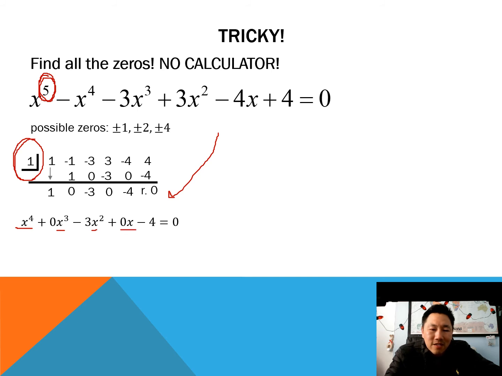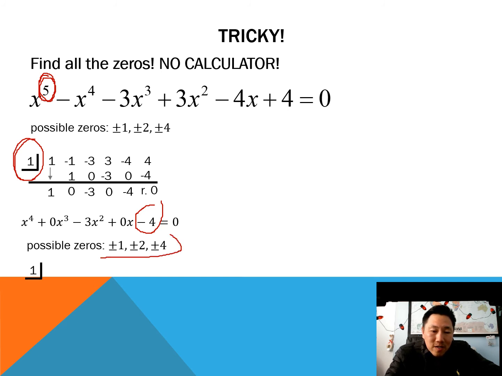And then since it doesn't quite work with a quadratic formula yet, because it's not a quadratic, we get to do the problem again. List all the possible answers, all the factors that go into 4, and then test it out again. And it looks like if one already worked, it could possibly work again. And so I'm going to try 1 again, because this list of new possible answers still includes 1.